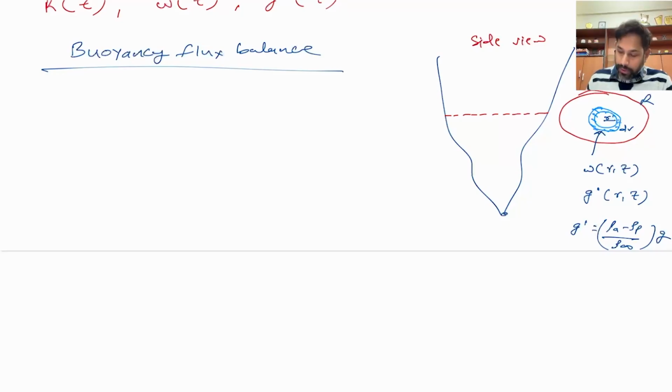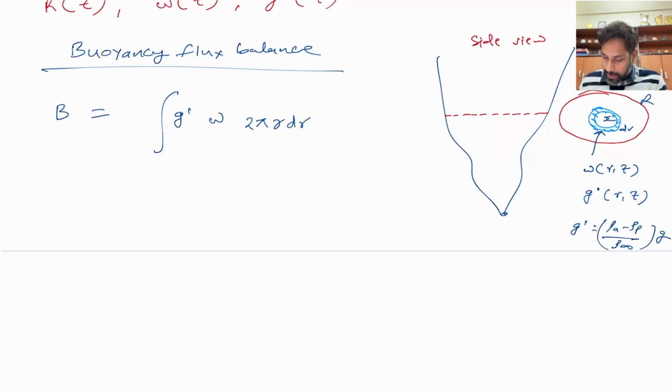As we have seen previously, the buoyancy flux for this particular slice at location z can be given as g prime times w times 2 pi r dr.